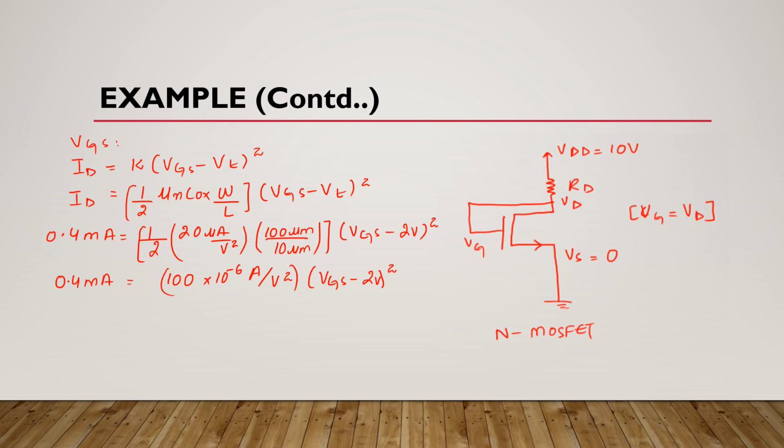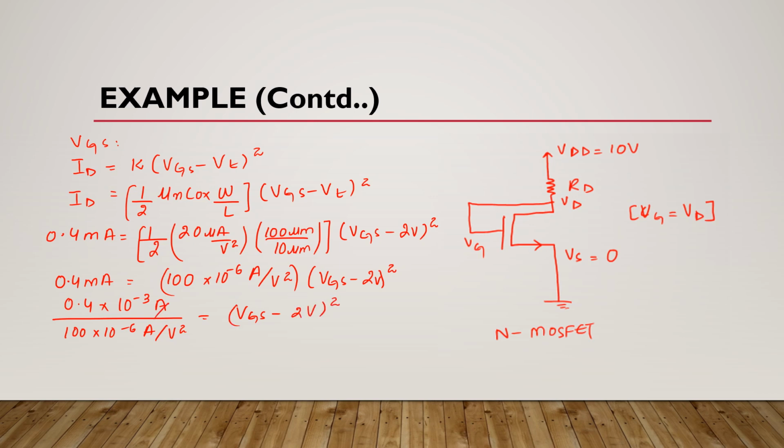Now if we rearrange this equation, we get 0.4 into 10 raised to the minus 3 amperes divided by 100 into 10 raised to the power minus 6 amperes per volt square, equal to VGS minus 2 volts whole square.